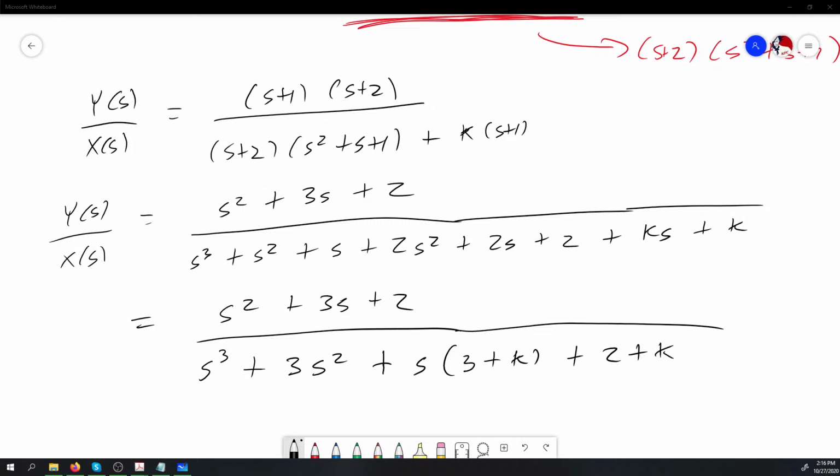But when we have G and H, remember that's G of S and H of S. You can't really have a G squared S or H squared S because that's like multiplying the system by itself again. With respect to S, you can have any power factor, but with respect to G and H, you can't. Those have to be at the power of 1.